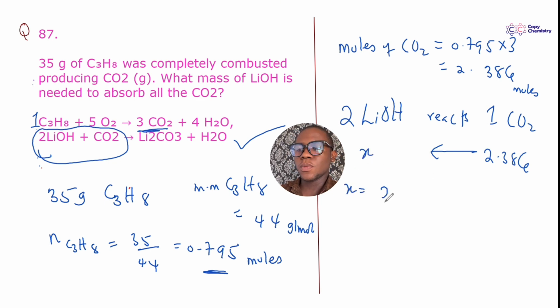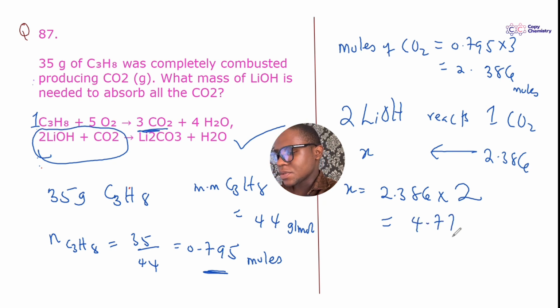So your X just becomes 2.386 times 2, and that gives you the number of moles of lithium hydroxide that we would need: 4.772 in moles.